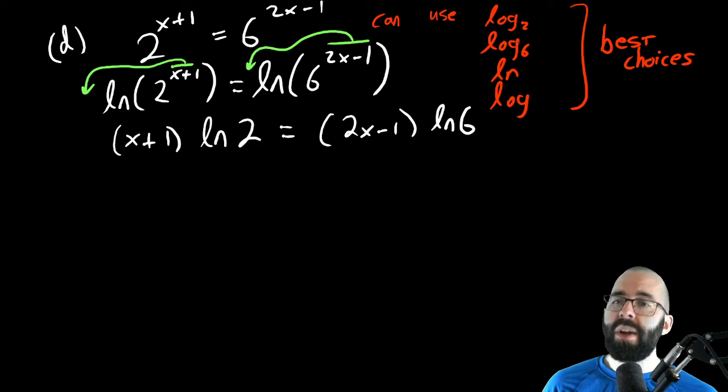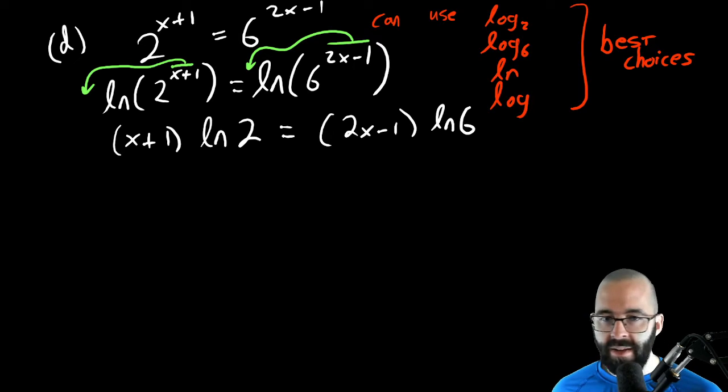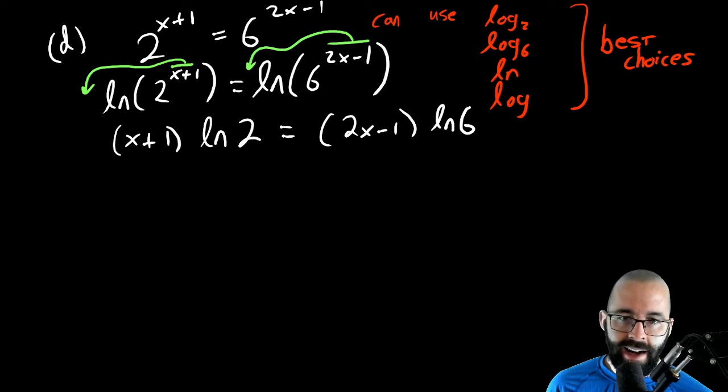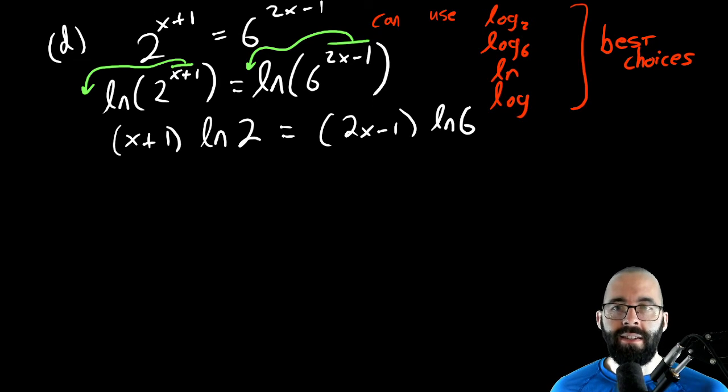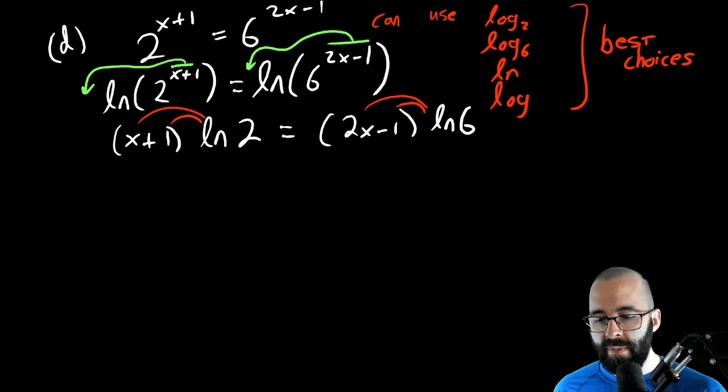And this looks messy, but I promise this is just a linear equation. Get all the x's on one side, get all the not x's on the other side, divide by that coefficient, and you can solve for x. But to get all the x's on one side, we're going to have to distribute on both sides.